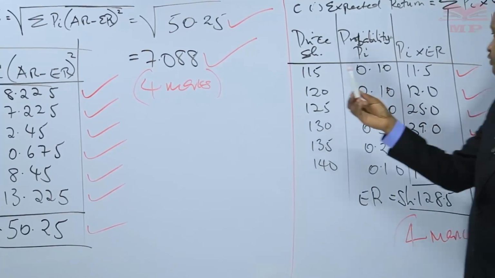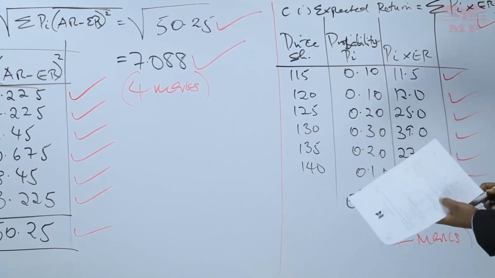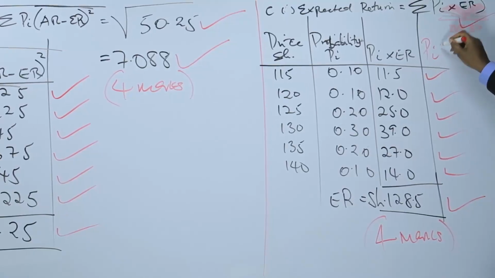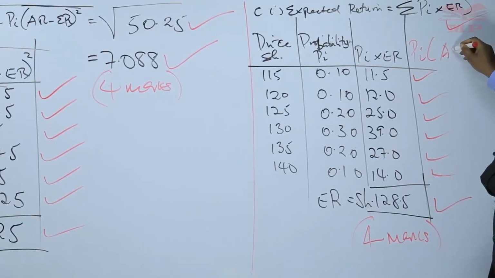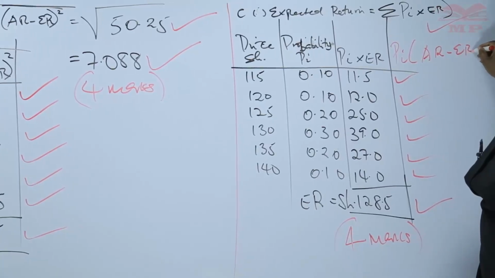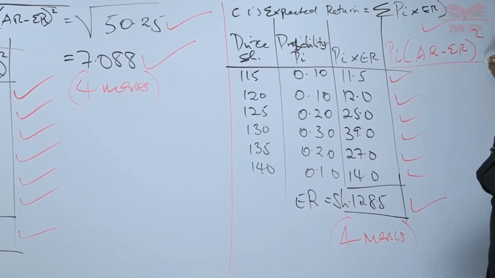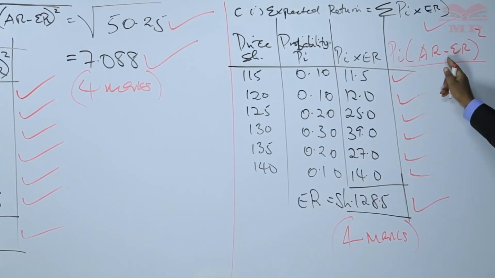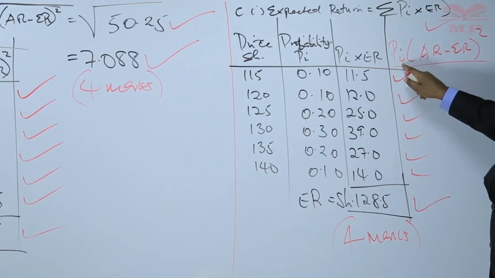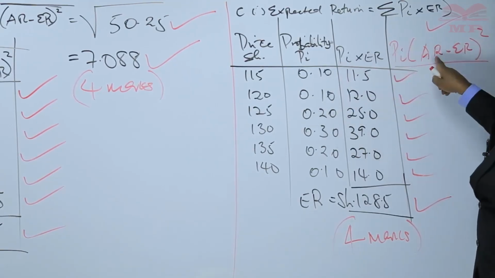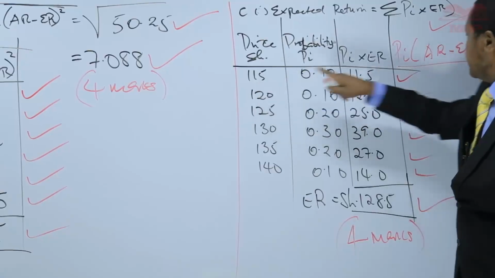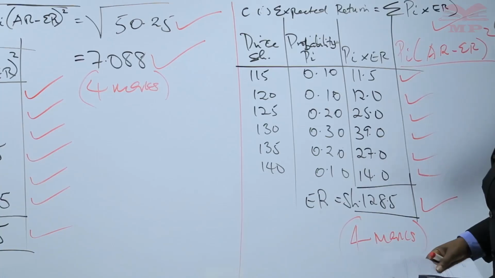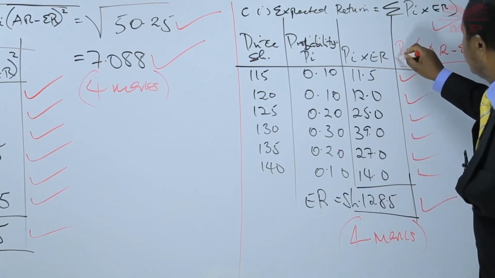Okay, so here, if I was in an exam, I would just come here and have the column P, I, probability, actual return minus expected return squared. So all I needed to answer part 2 is to have this formula here, because the probability I have it here, the actual return I have it here, the expected return I have it here. This is supposed to be square root.